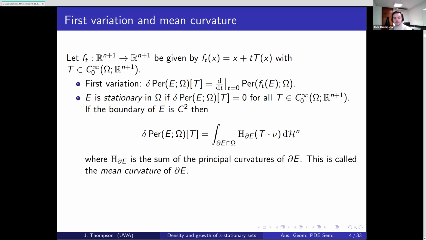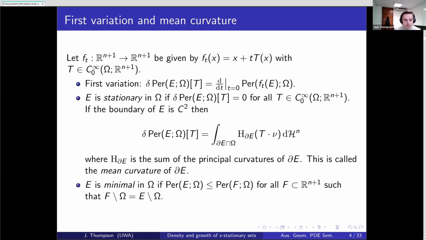Classically, the mean curvature was the average of the principal curvatures, hence mean, but it's common to just call the mean curvature the sum of the principal curvatures.